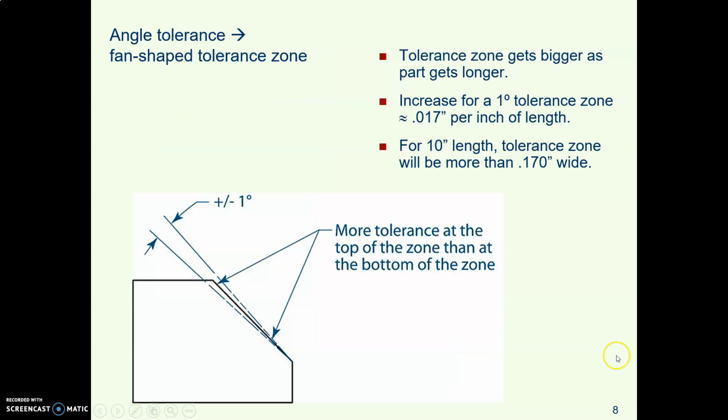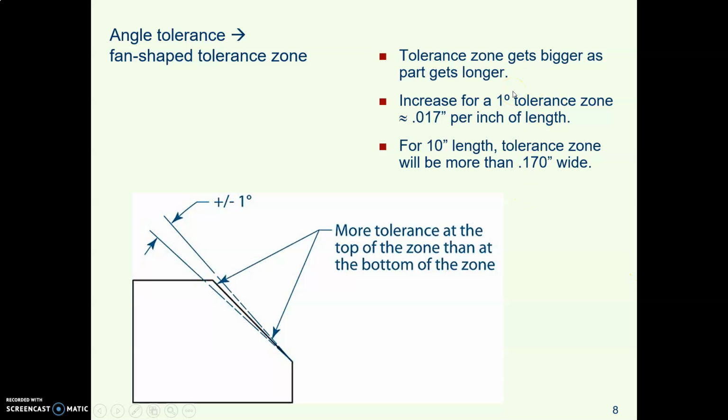What does that mean? It means that you have a fan-shaped tolerance zone, a wedge shape or triangular shaped tolerance zone. And the farther you get out away from the vertex, the farther apart those lines are.